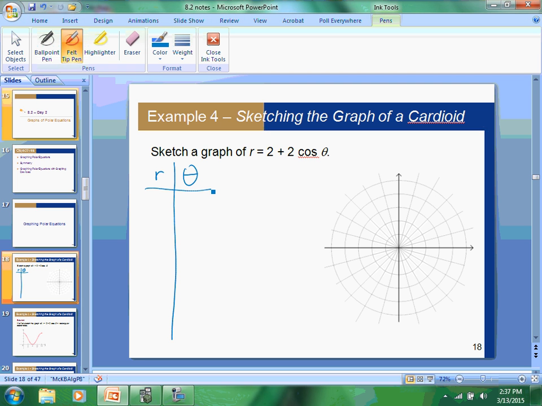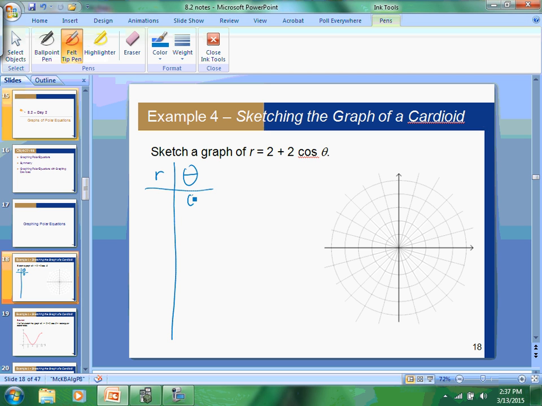By that, I mean pick pi over 4, pi over 2, pick 0 and pi. Okay, so just go every quarter of a pi around the unit circle, especially if you have to go from 0 all the way around to 2 pi, which is what we're going to have to do here.